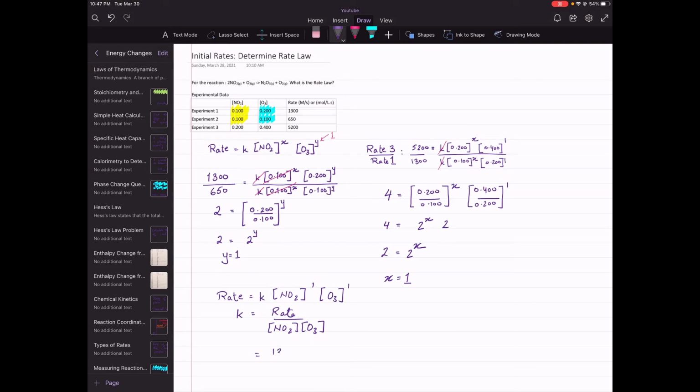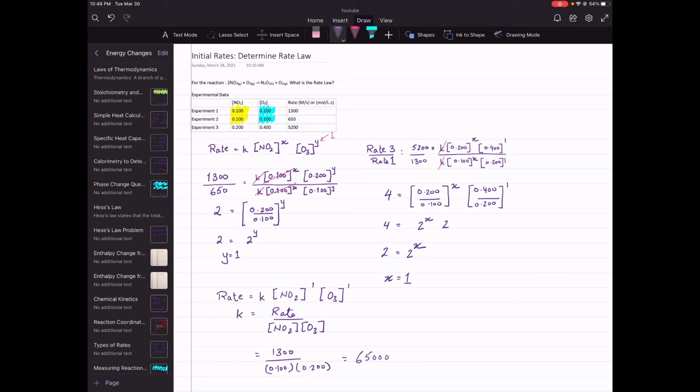Rate for number 1 is 1300 over 0.100 and 0.200, and now it's just a matter of using the calculator, and that gives us 1300 divided by bracket 0.100 times 0.200. So that is a value of 65,000 for the value of k.